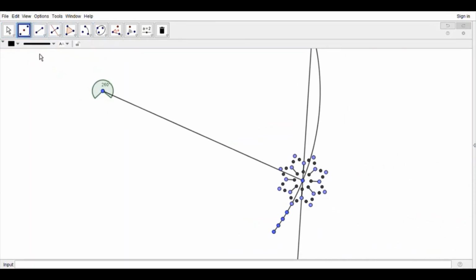Now draw the segment and 2 random points in it. So we will be able to draw a circle. Make sure that the circle is close enough to the star.